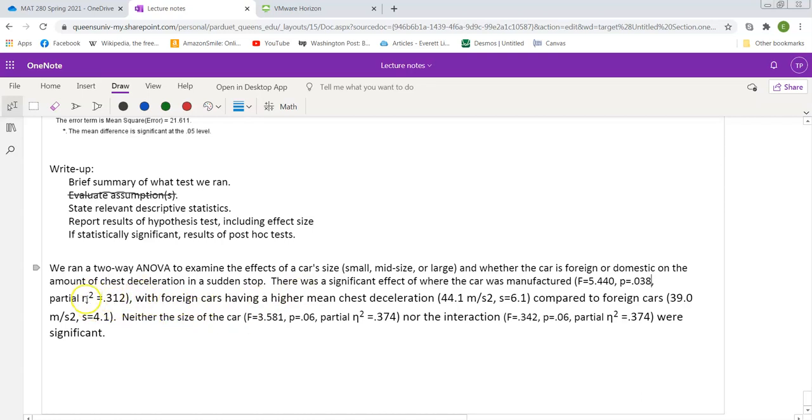And then even within that same sentence, I said foreign cars have a higher mean chest deceleration compared to domestic cars. Then I stated that neither the size of the car nor the interaction were significant. And I didn't have any post hoc tests that I needed to report here.